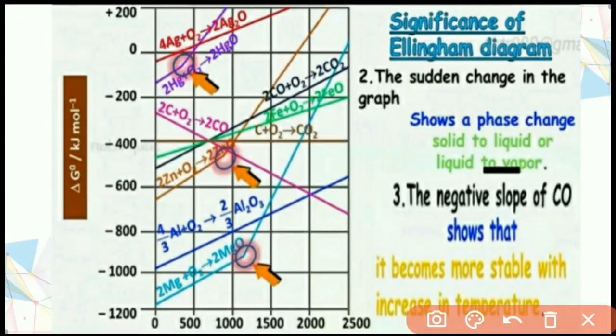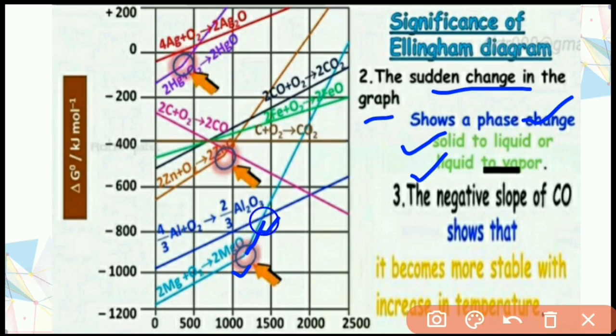Next significance of the Ellingham diagram is the sudden change in the graph. It shows the physical state change. It means the physical state of the metal oxide converts from solid to liquid or liquid to vapor. See in this graph, the physical state of magnesium oxide is solid and it converts into liquid state when the temperature increases.